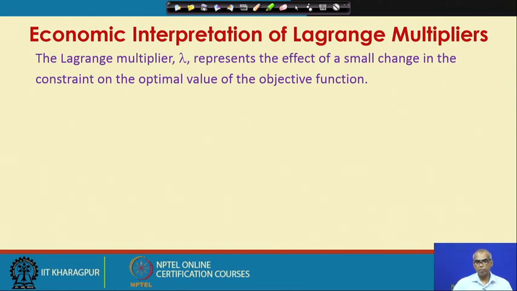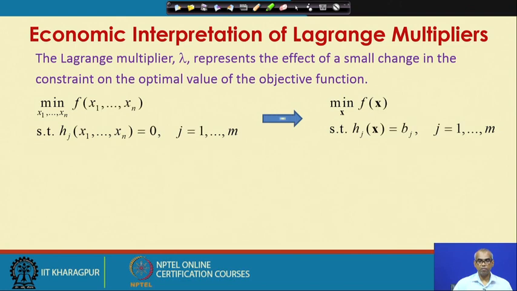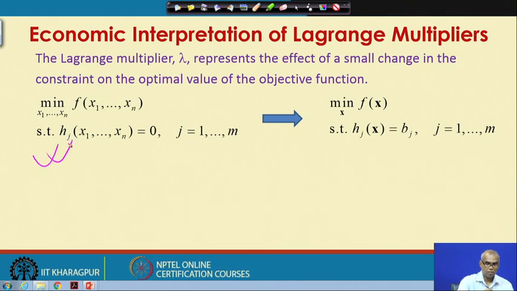So consider we have the optimization problem as stated. In general you have n variables in the objective function and m equality constraints. All equality constraints are of the equal to 0 type.